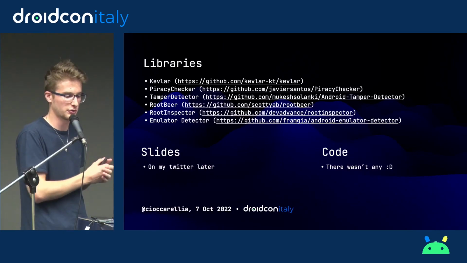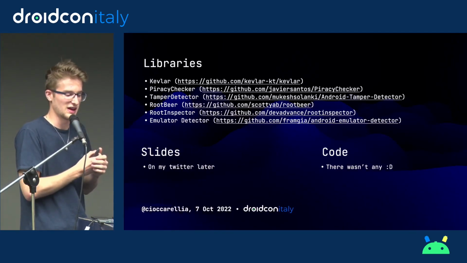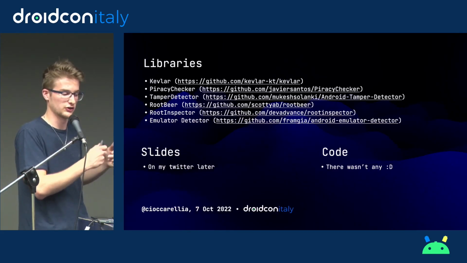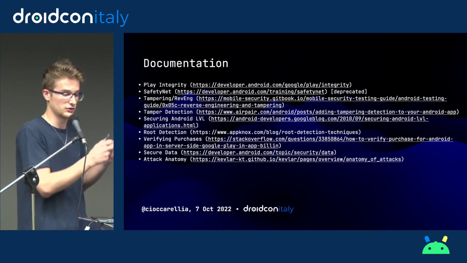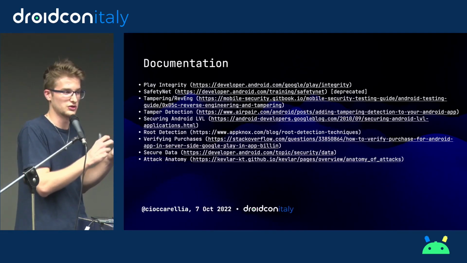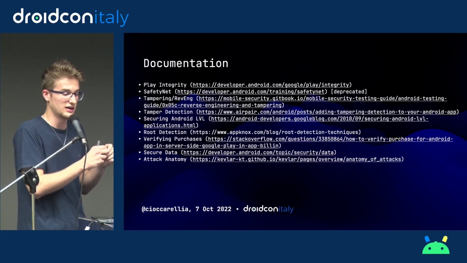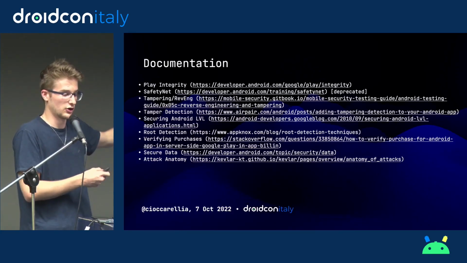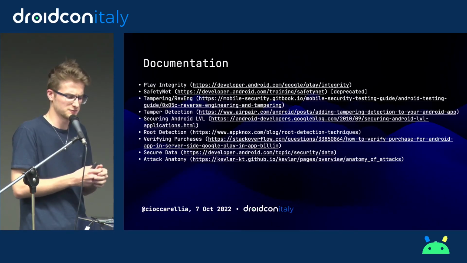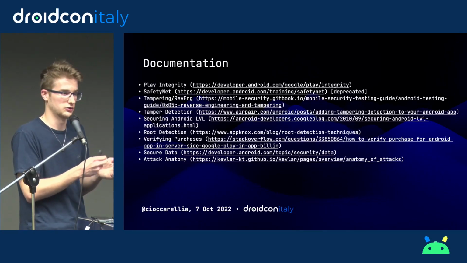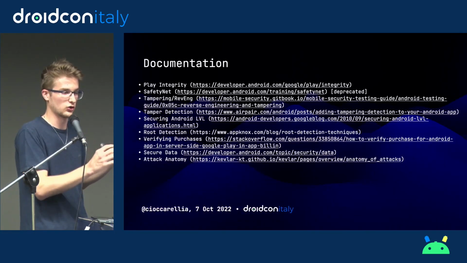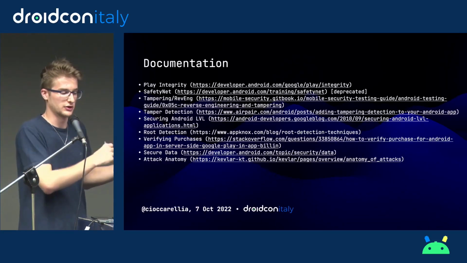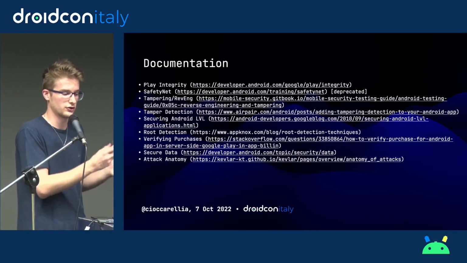They are very well documented, and you have actually the capabilities that we've discussed on in-house security in these libraries. And for documentation, those are all the things that you should basically know about Play Integrity or SafetyNet, and your software will benefit from knowing them, and they expand on what we've seen. And we see implementation details, tampering detection, or security in Android.